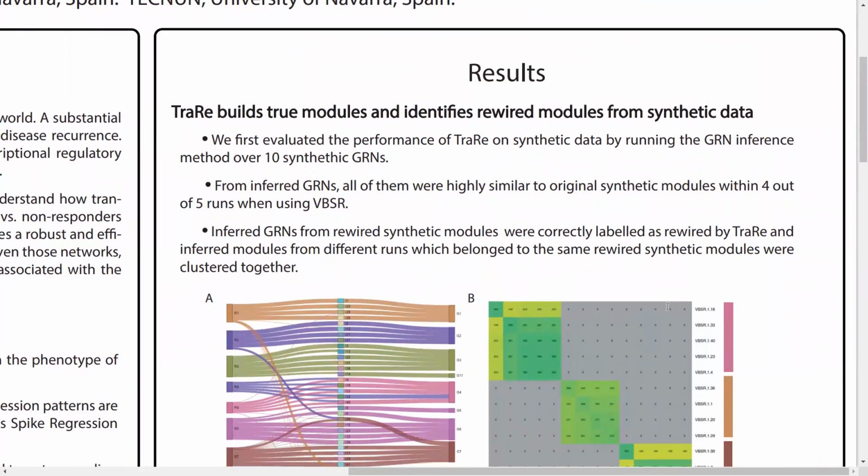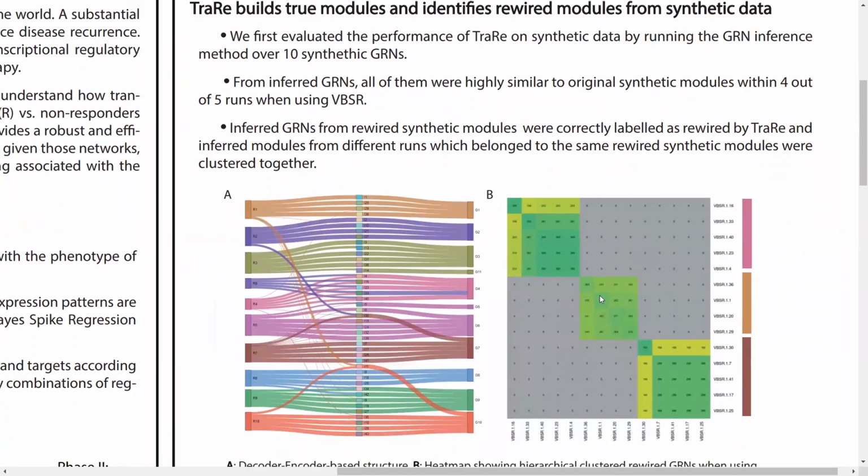So when the GRN inference process was applied on synthetic data, we showed that in fact TREWIRE builds true modules and identifies rewired GRNs on synthetic data. For so, we generated 10 synthetic GRNs and applied the GRN inference process 5 times.